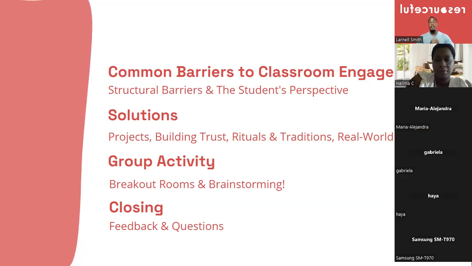After we've gone over that, we're going to jump into solutions because that's what you guys are here for, right? We're going to be looking at how teaching through projects, building trust in your classroom, and using rituals and traditions, as well as injecting real world activities can dramatically change the engagement in your classroom.